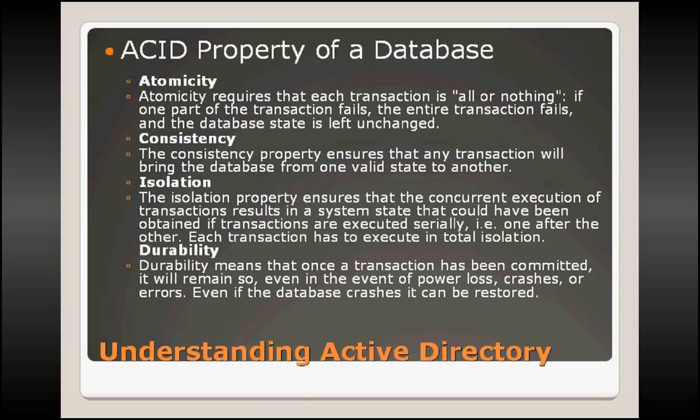So those are the 4 things which you should understand in any database world. Okay, so let's talk about how Microsoft uses these for Active Directory. It is very simple actually. Whenever a change happens, the request for the transaction comes to the memory of the system.